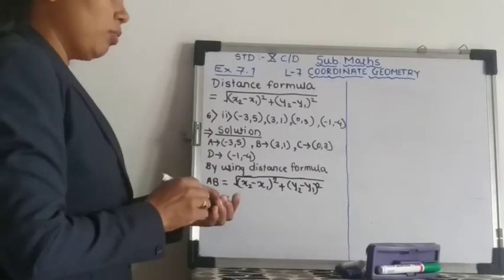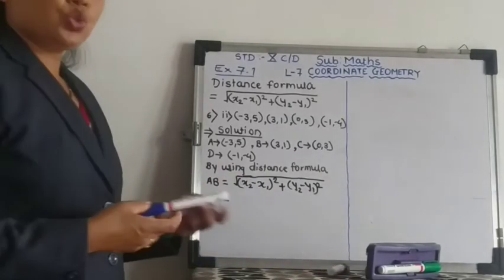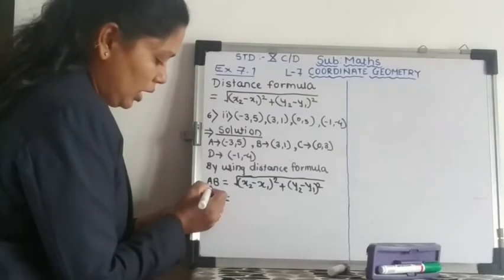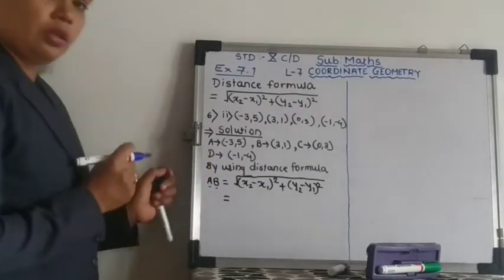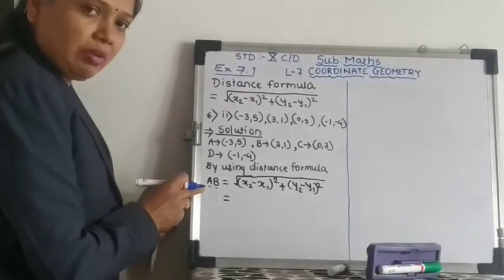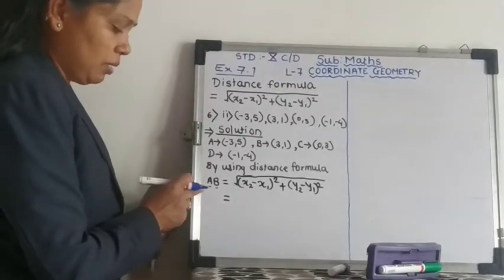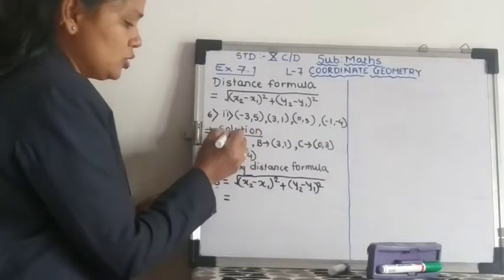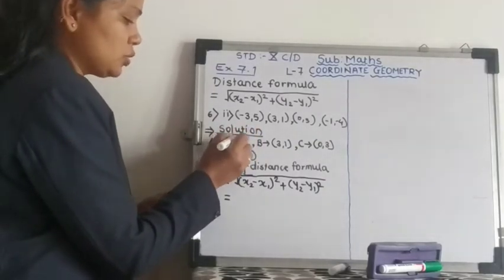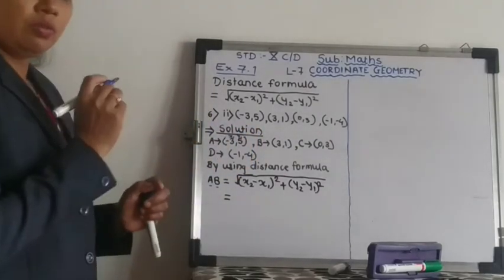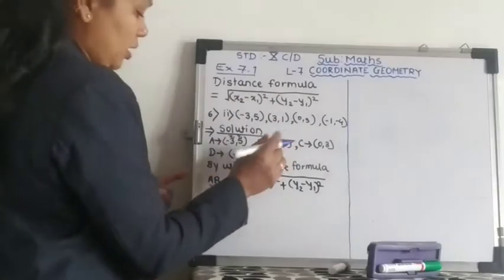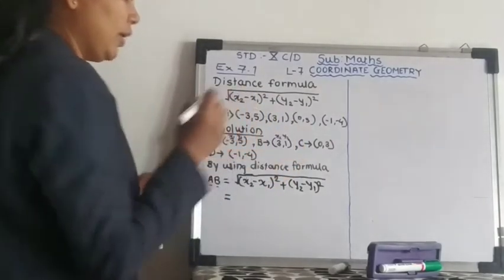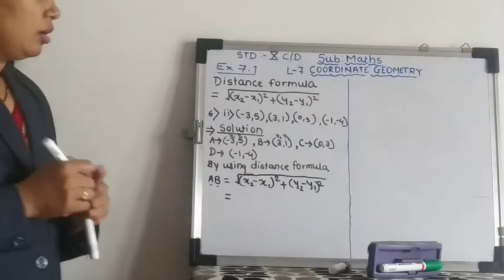If you have trouble understanding which is x2 and which is x1, always remember, students: in AB, A is the first point, so the coordinates of A represent x1 and y1. Write it with a pencil. And B is x2 and y2.